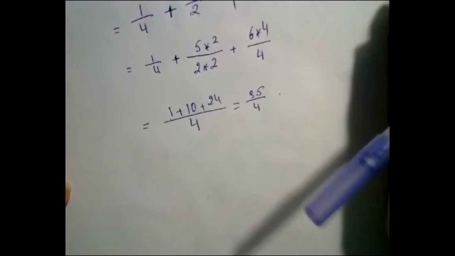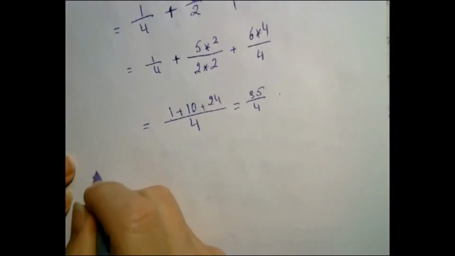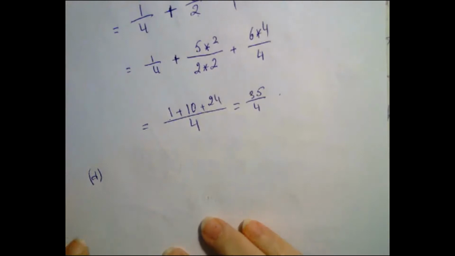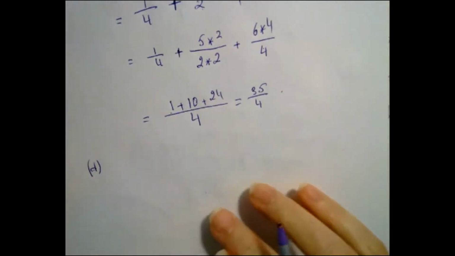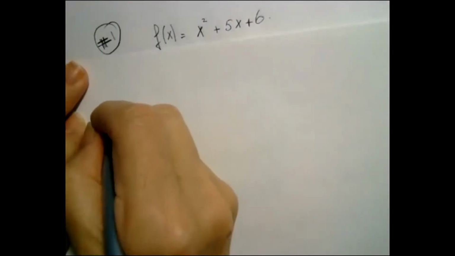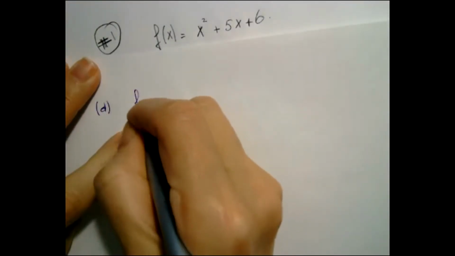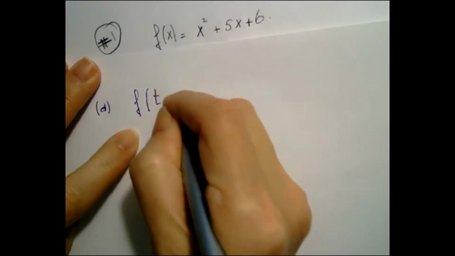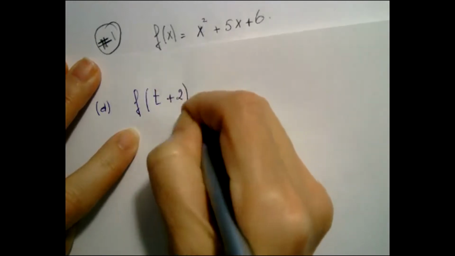All right. Now, as I said, I will do D. D is very similar to something I gave you on the quiz, but it's harder in this problem. Let's do it. I'll take a nice piece of paper and we will do that, and then I will address the mistake that I saw on your quiz. So D is, they want us to find an expression for f of t plus 2.